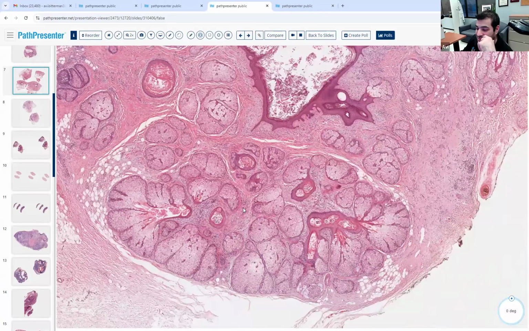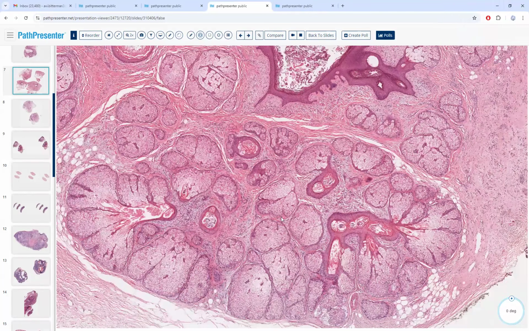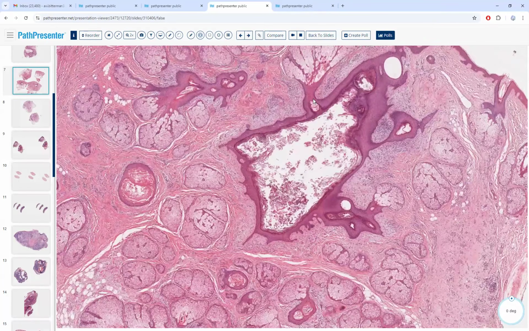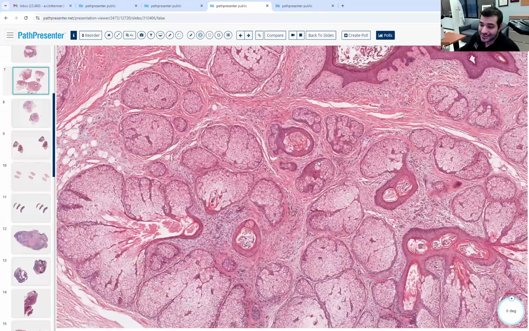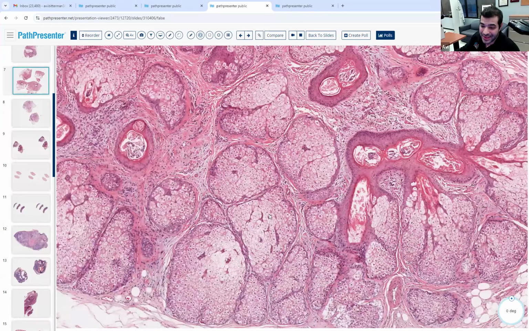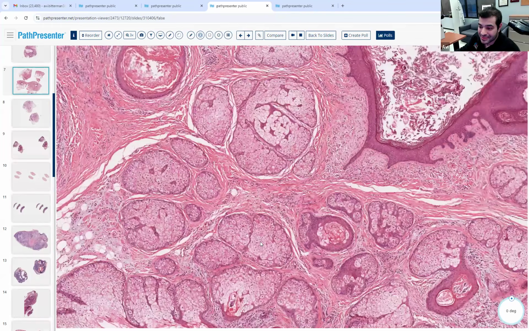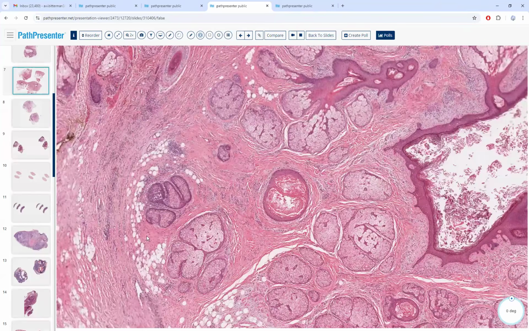So do we want to just call this sebaceous hyperplasia? No, it's more than that. Is there anything completely abnormal about these sebaceous glands? I think they look pretty well differentiated.